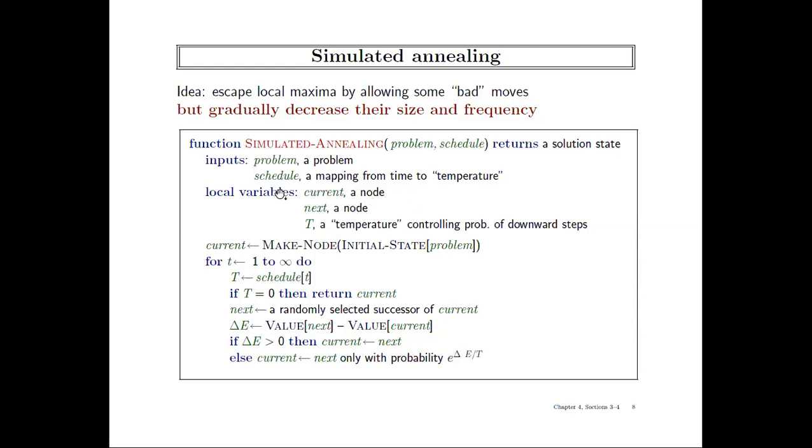What are the variables here? The same thing we discussed earlier, because it is an iterative improvement algorithm. So here always two nodes are relevant: the current node and the next node. And T is a temperature, a variable which controls the downward step.